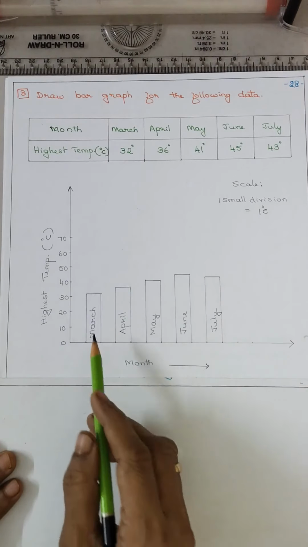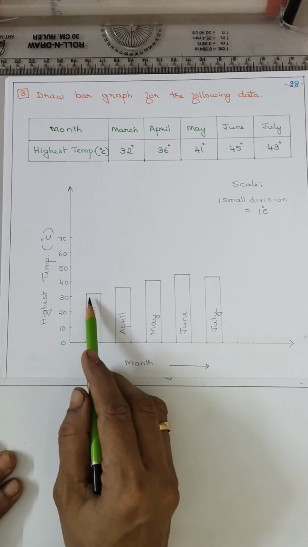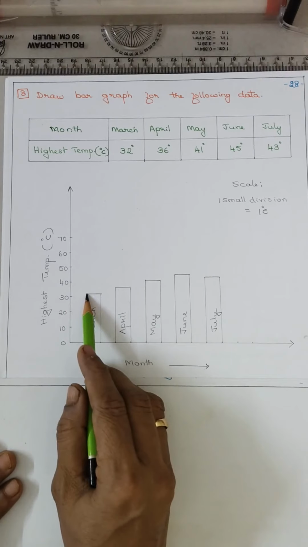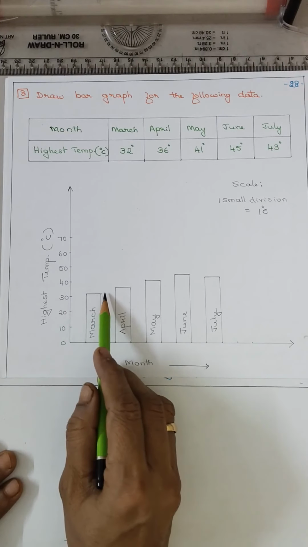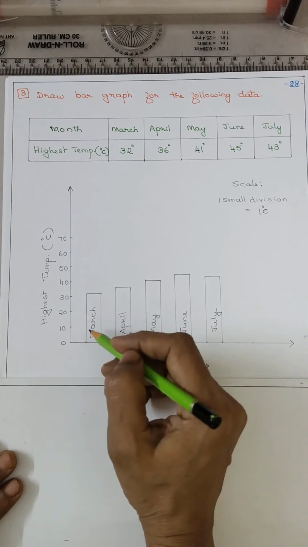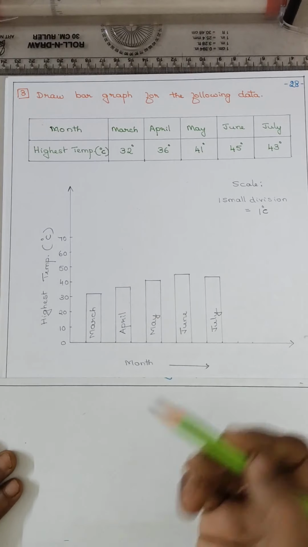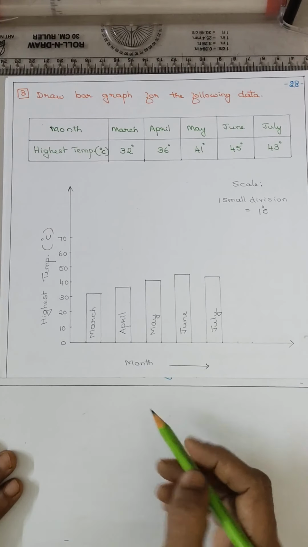It is 32. 30 के ऊपर 2 small divisions उधर तक लेकर जाने का straight line, फिर sleeping line 1 centimeter and then the straight line. Right March. जैसे जैसे आप लोग ड्रॉ करते हो वैसे लिखते जाने का है.